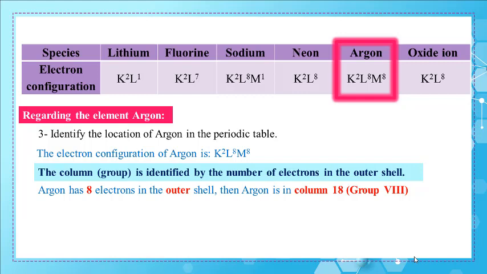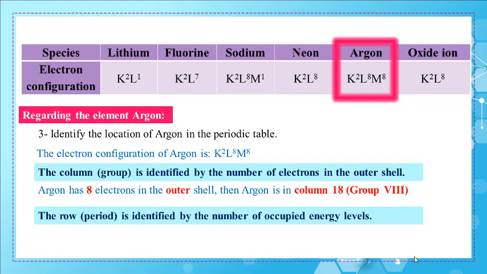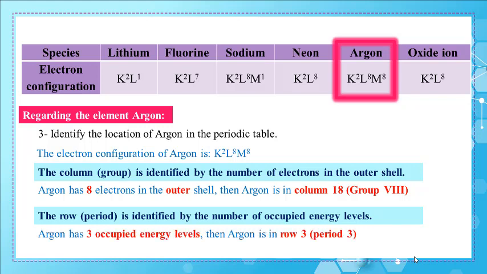Argon has 8 electrons in the outer shell, then argon is in column 18 or group 8. The row or period is identified by the number of occupied energy levels. Argon has 3 occupied energy levels, K, L, and M, then argon is in row 3 or period 3.